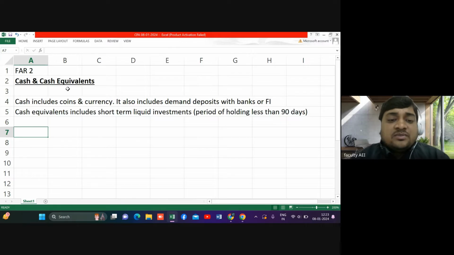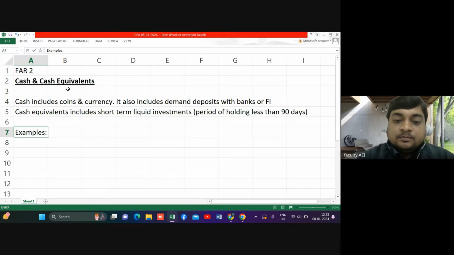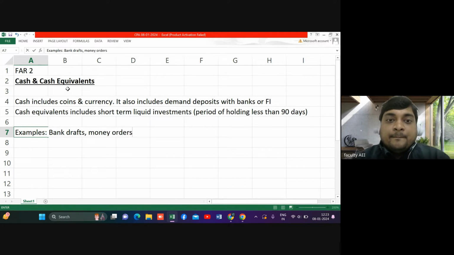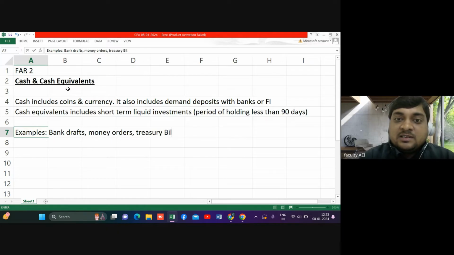Few more examples of cash and cash equivalents are money orders, bank drafts, right? Then we have treasury bills.